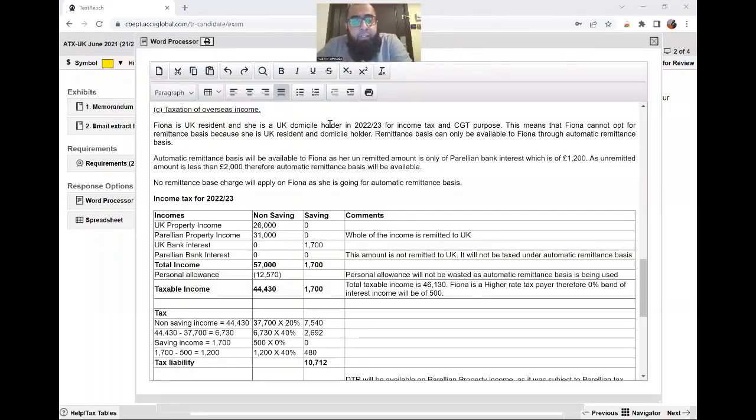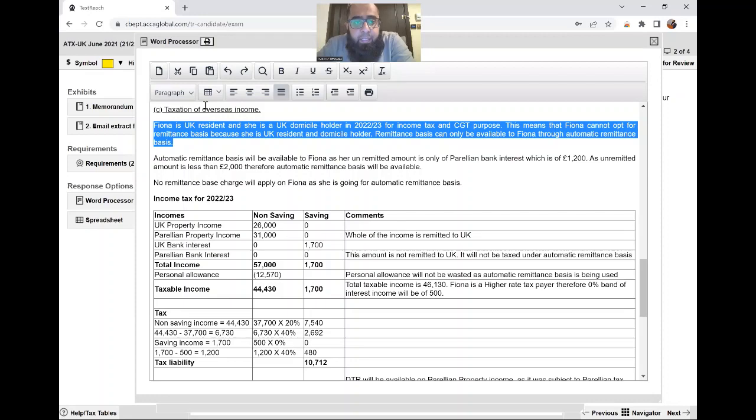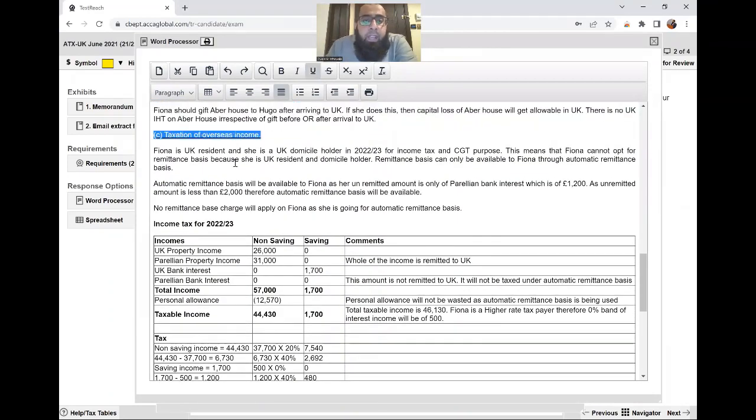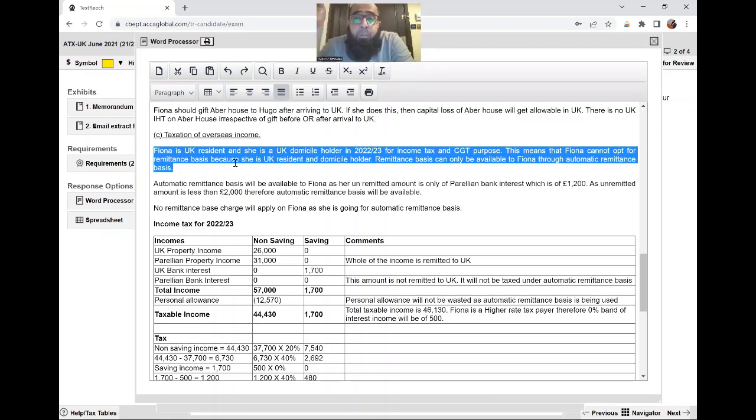Okay, so let's take a review before starting the DTR. In part C, he asked us about the taxation of overseas income. The first thing which he asked was whether remittance basis will be available to Fiona or not. So we said that there are two types of remittance basis. One is opting remittance basis and the other one is automatic remittance basis.